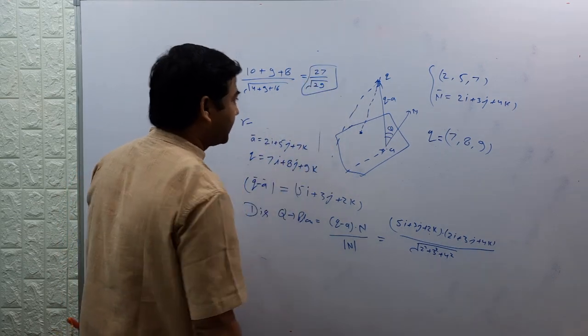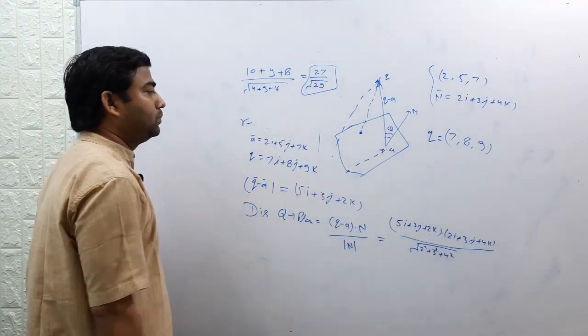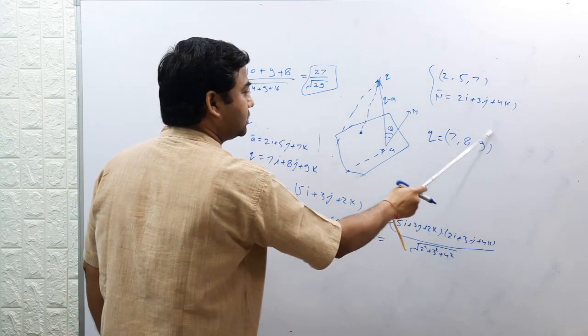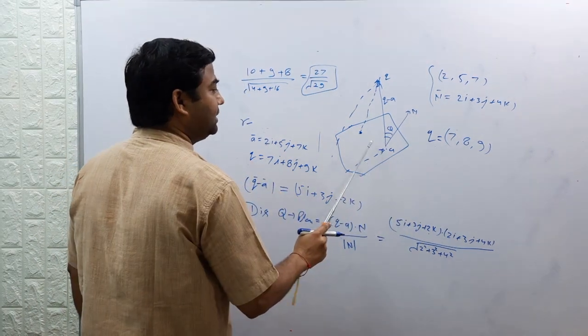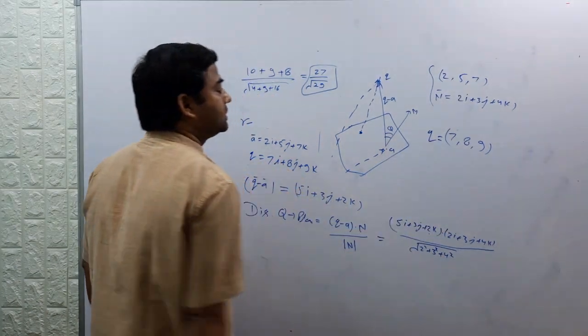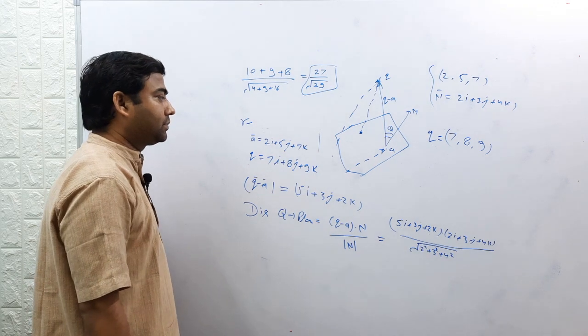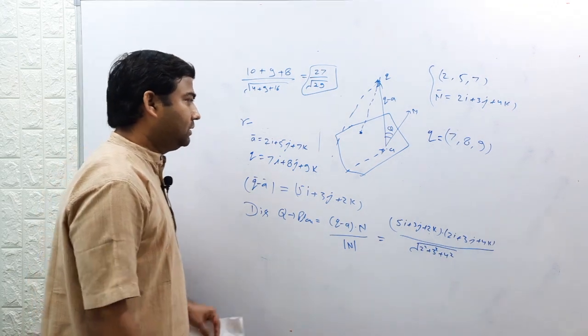So this is the perpendicular distance from this point Q to the plane, where Q is this point and this plane passes through this point P and is perpendicular to this normal vector. So this is a very simple example.